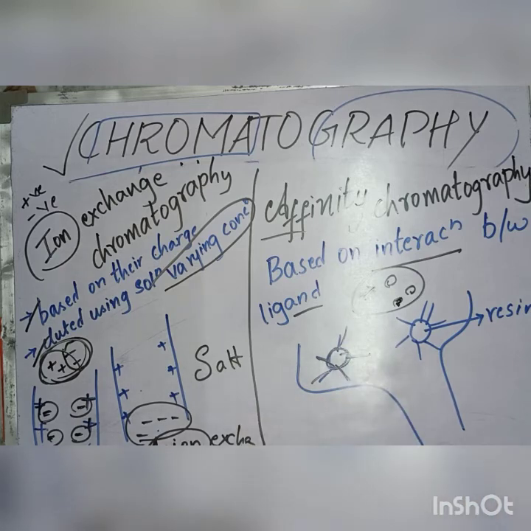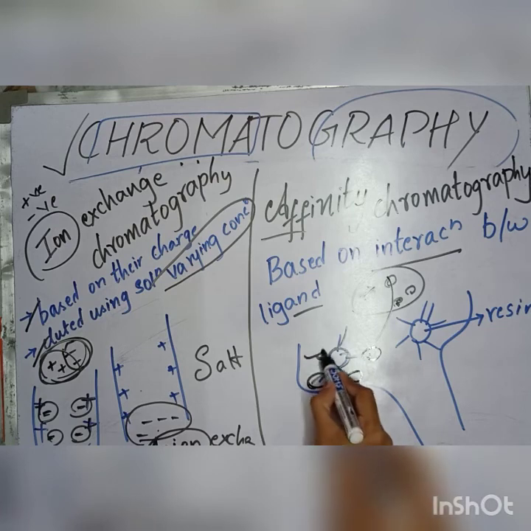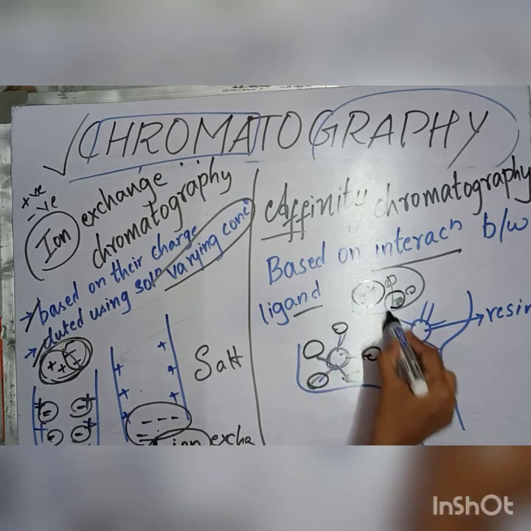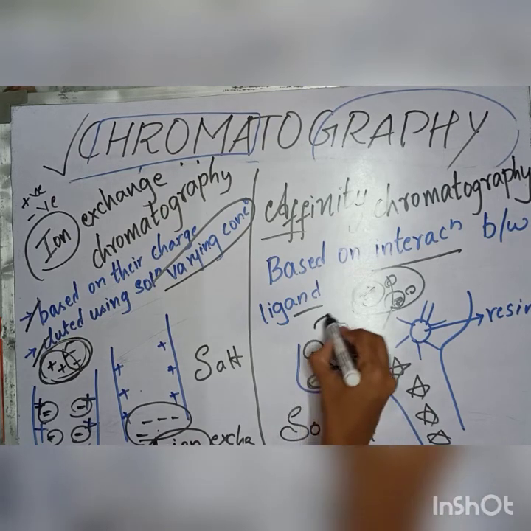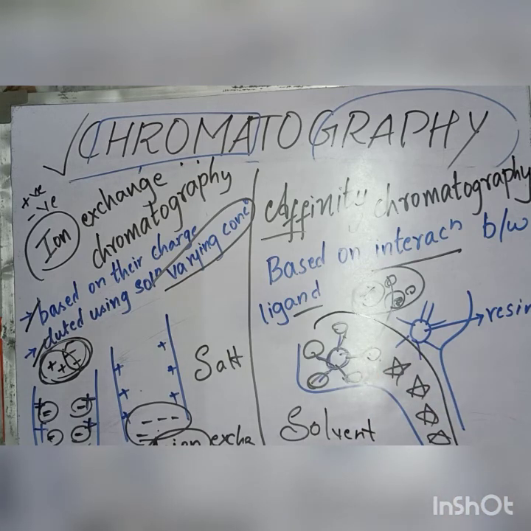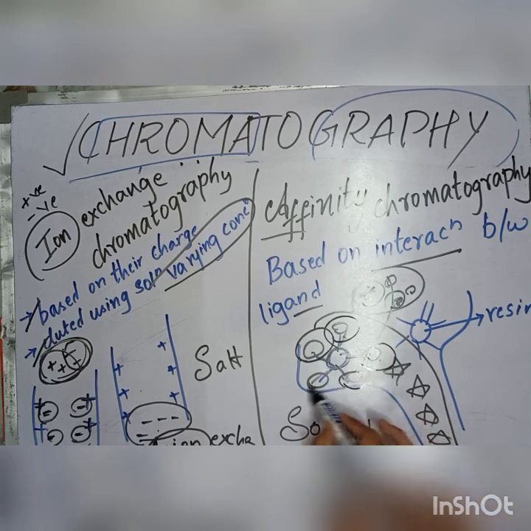So when we introduce the sample, all the spherical-shaped ones will bind to the ligands, and the star-shaped ones cannot bind and will come out. Now we need to separate the bound ones also, right? So we use a solvent. The solvent comes down, and along with it, it also carries the remaining components.